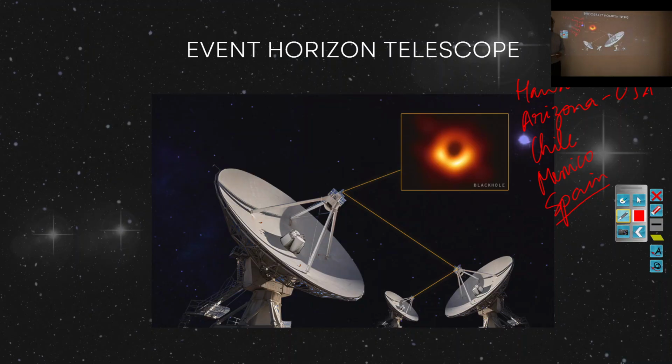And this is a radio telescope. In which electromagnetic spectrum the telescope is working will be important. Radio telescope.